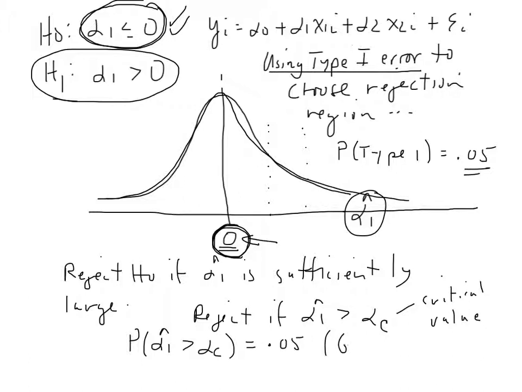And this is given that H0 is true. Given that H0 is true, we're centering the distribution on 0.